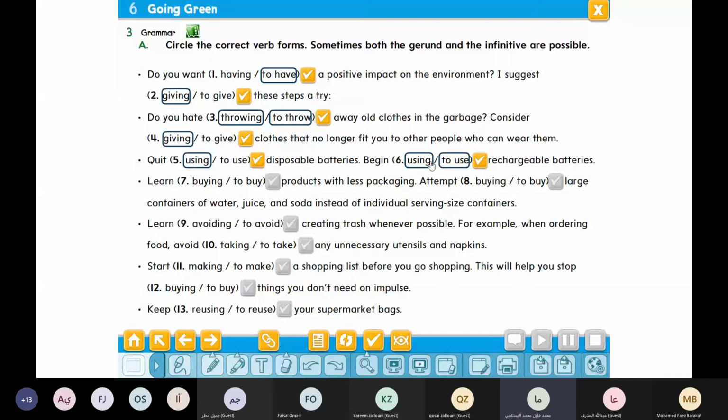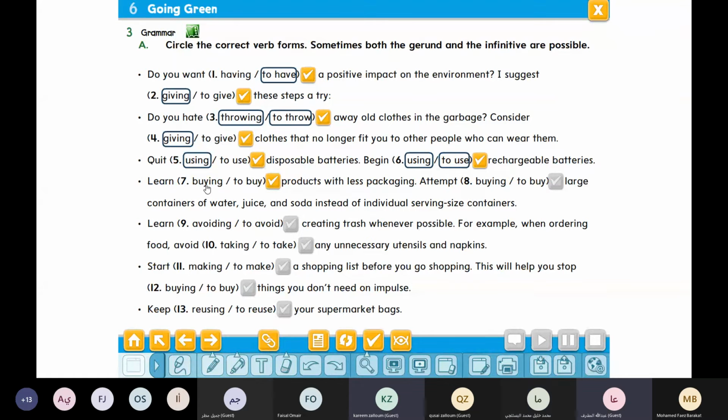Number 7. Learn to buy products with less packaging. Good. After learn, we have to use what? Learn to buy.